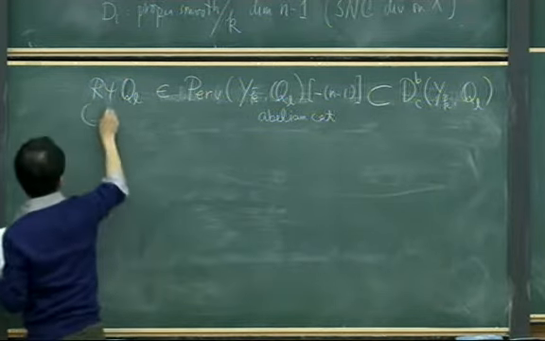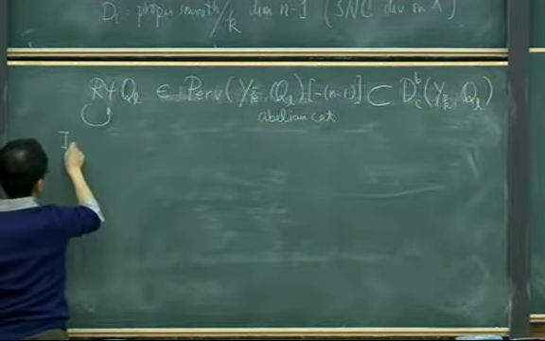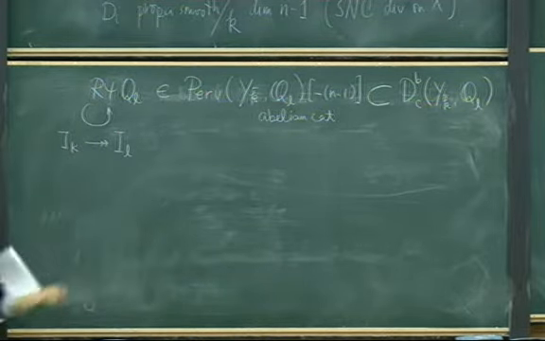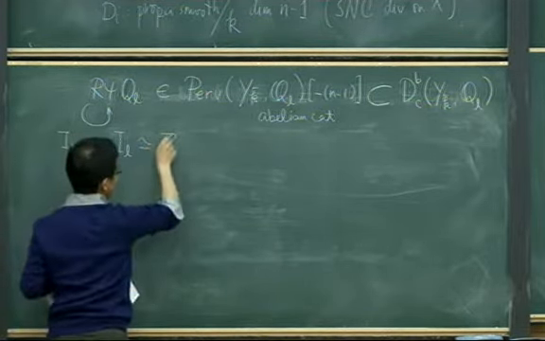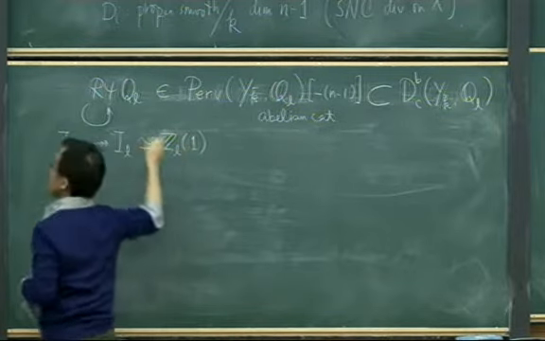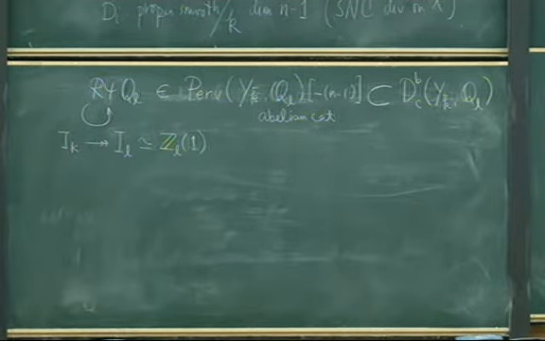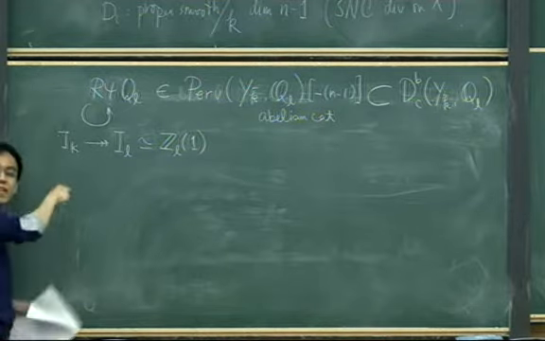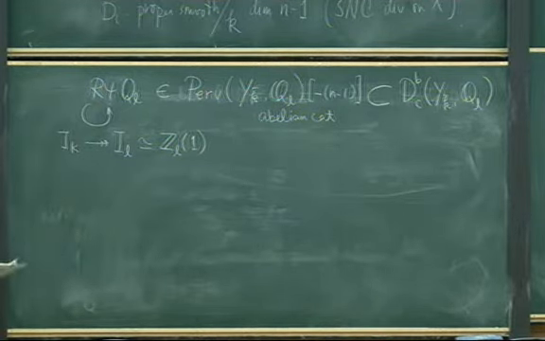And on this object, I have the action of I_K, the inertia group, and this acts via the tame quotient. I said that the inertia will act trivially on each of the R^m psi, the cohomology groups of these complexes, but on the complex itself, it has a non-trivial action.